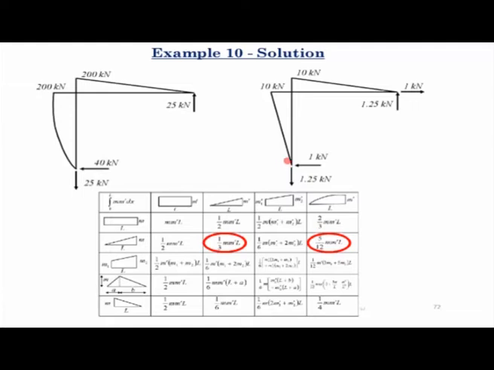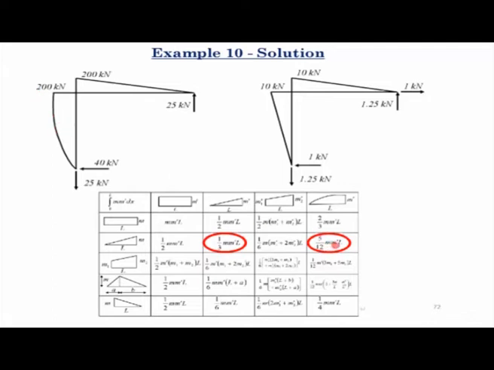Now, if you want to calculate the value of the integral mm into L, because of these two distributions, you have to use a triangular distribution in combination with a quadratic distribution. So the formula would be 5/12 m m dash L, where m is the peak value of the moment due to the triangular distribution, m dash is the peak moment due to the quadratic distribution, or vice versa.